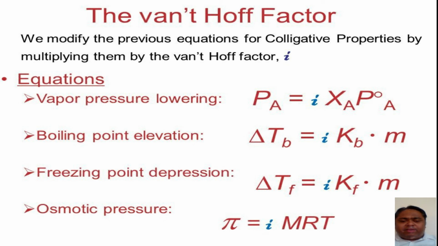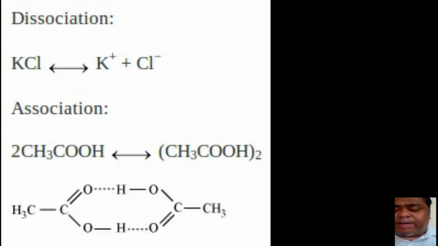In case the solute undergoes dissociation and one solute molecule forms two ions in the solvent, in that case the number of particles becomes double the number of particles assumed in the solution.